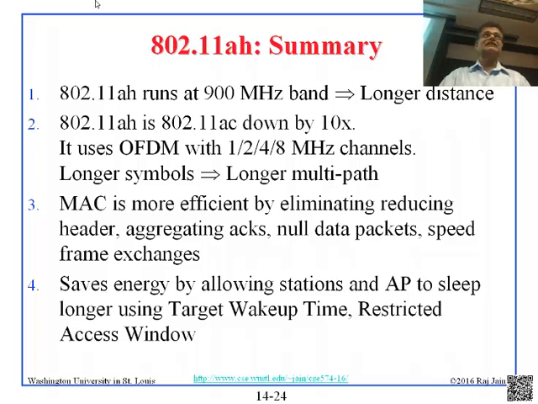Speed frame exchanges means many frames in a burst. You can just send, and you can receive and send and receive and send. So, exchange. It saves energy by allowing stations and the access point to sleep, with longer sleep using the target wake time and restricted access window. Okay, so those are all the new stuff in 11AH.